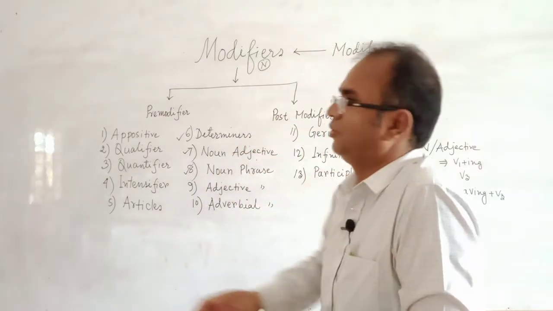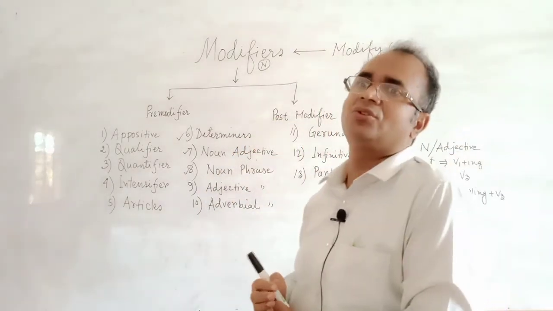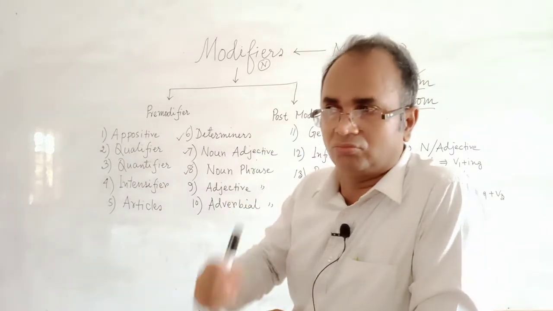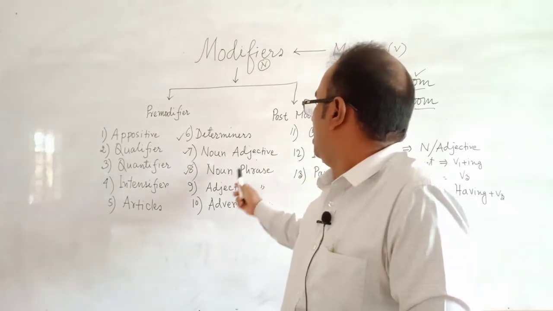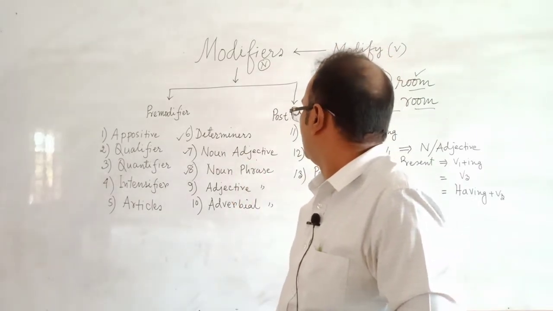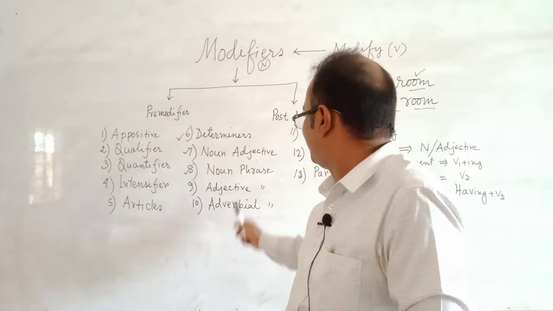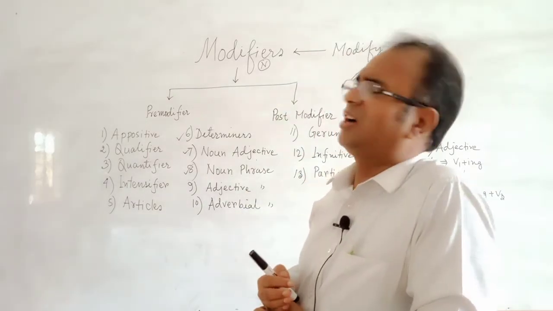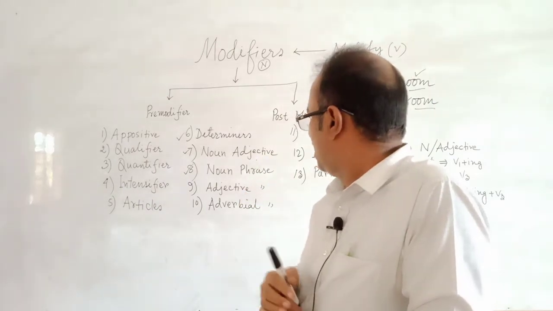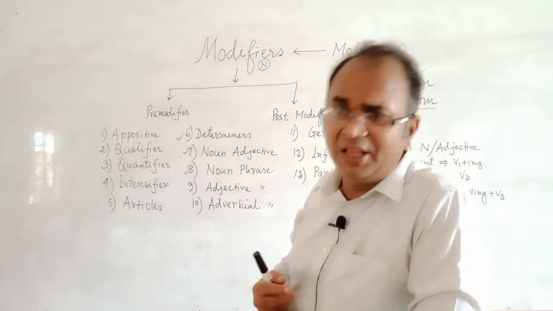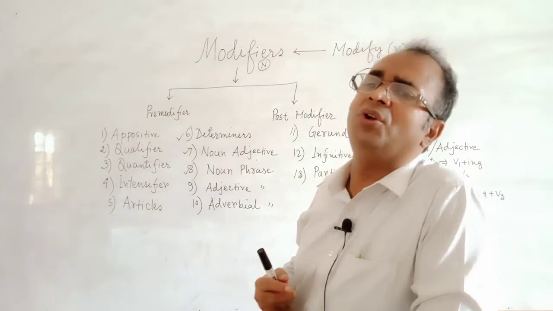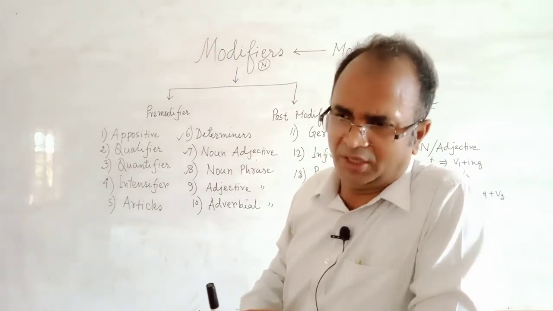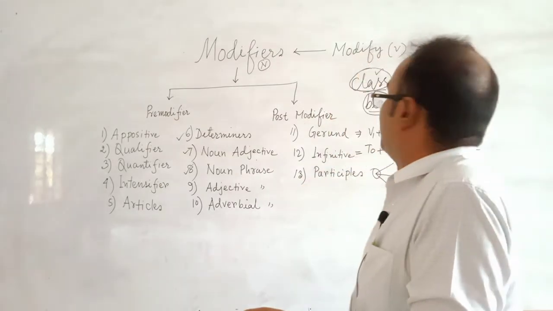A noun phrase is a phrase which works as a noun. An adjective phrase is a phrase which works as an adjective. An adverbial phrase is a phrase which works as an adverb. Okay? Okay, my dear students.